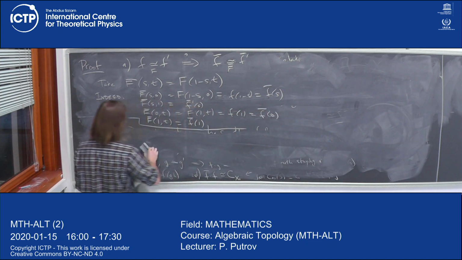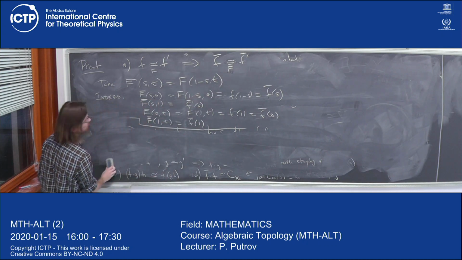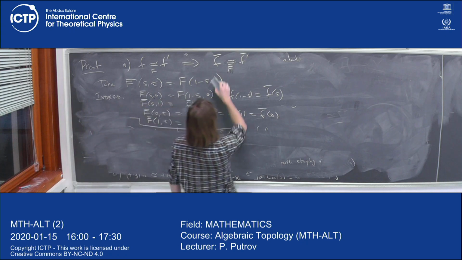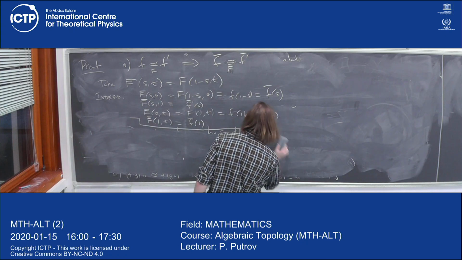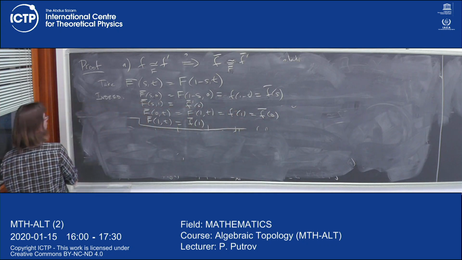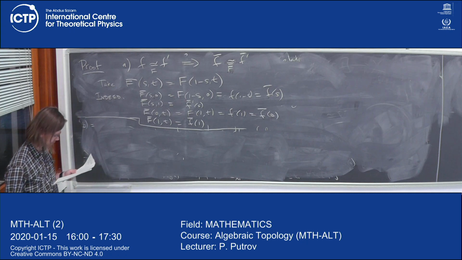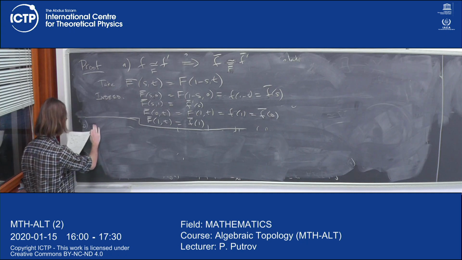So these are the properties which, by definition, we need to realize a homotopy from f bar to f prime bar.